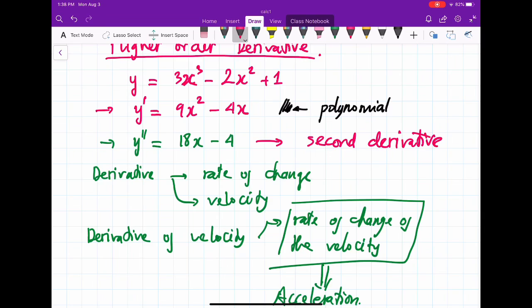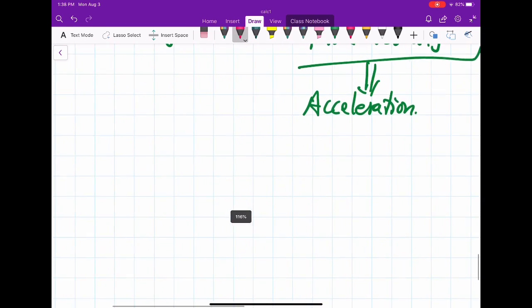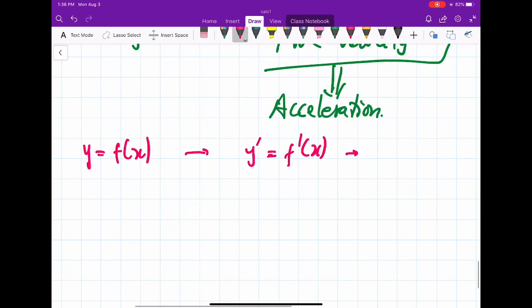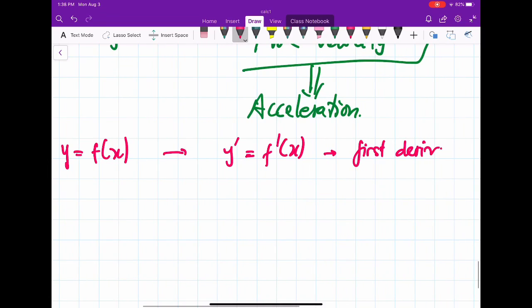Does that make sense? So let me summarize that before we move to an example. I have a function y equal to f of x. If you can find y prime equal to f prime, that is the first derivative. Then the second derivative, that is the derivative of the first derivative.